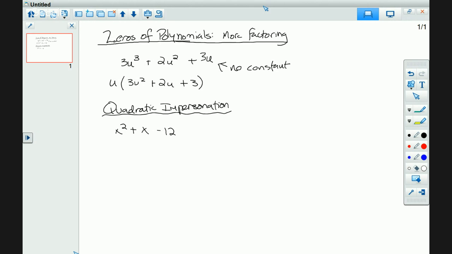Ready to go? Anybody? You can? Okay, it's just a quadratic. What are the factors? Multiply to get negative 12 and add to 4.